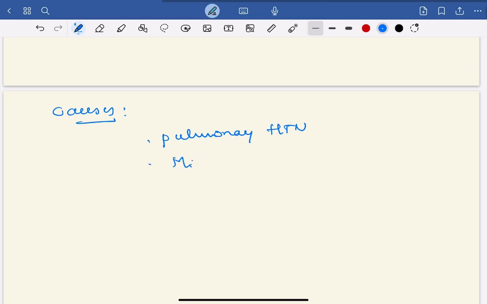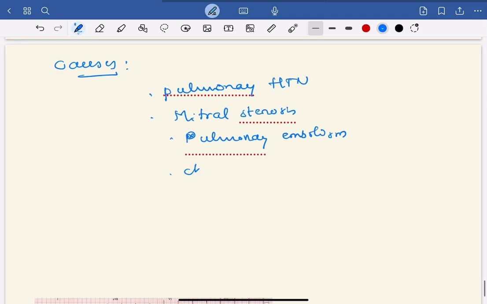mitral stenosis, pulmonary embolism, and chronic lung diseases.